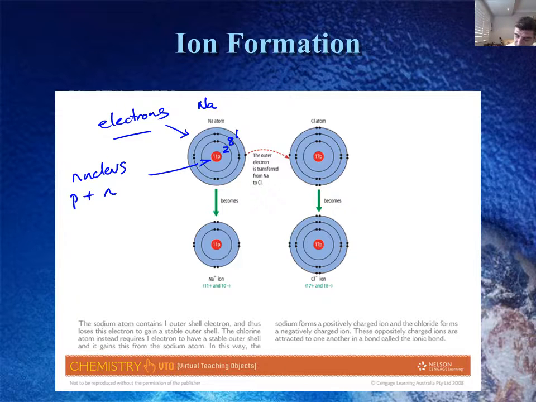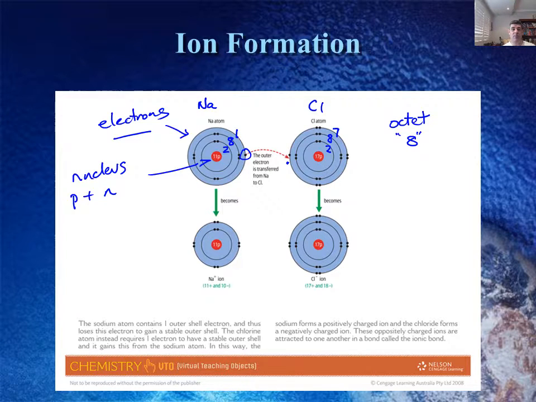Contrast that with the chlorine atom, which is over here, and we have 2 and 8 and 7 in the outermost shell. Now we're looking for stable octets, so we're looking for 8s. And so the easiest way for us to make an 8 here is for the outer shell electron from the sodium to be captured by the chlorine.